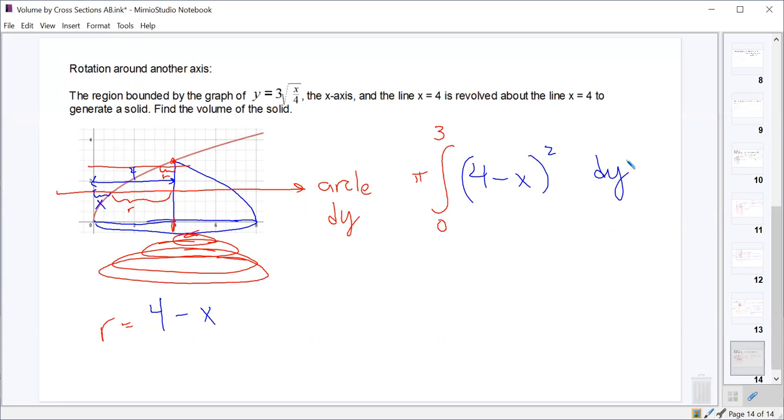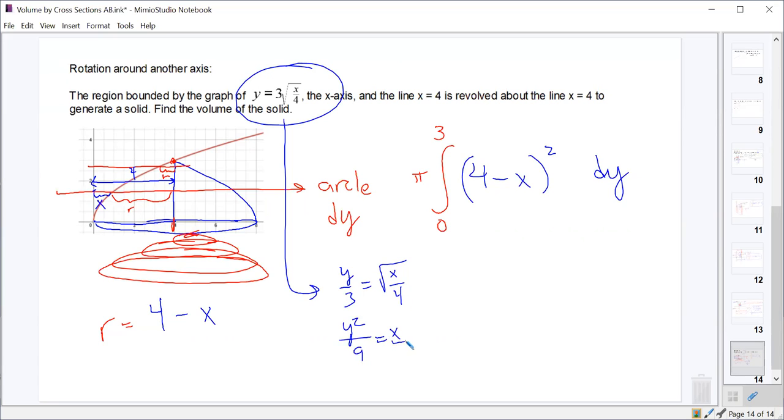And so the dy creates a problem for us. So what do we need to do with that 4 minus x? Use our equation to turn it into y. So if y equals 3 root x over 4, that should give us y over 3 equals root x over 4, or y squared over 9 equals x over 4, or x equals 4y squared over 9.